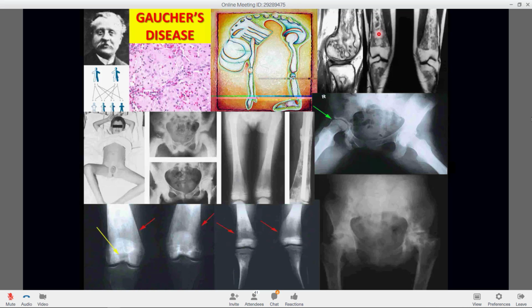In the MRI, you can see the presence of accumulation of the byproduct in the macrophages of the reticuloendothelial system.